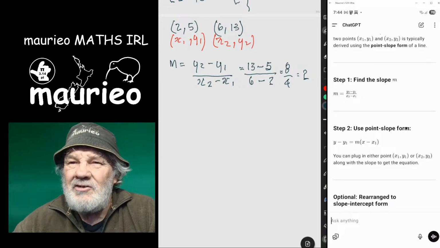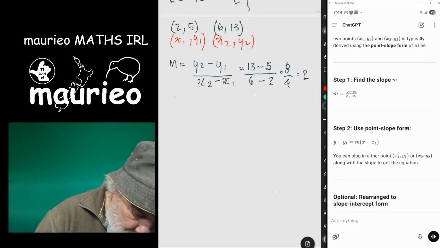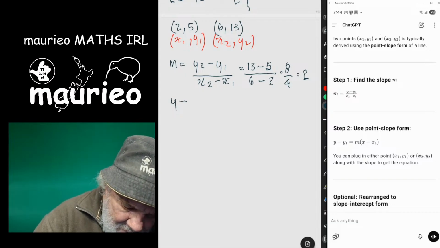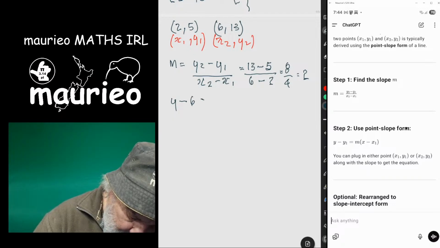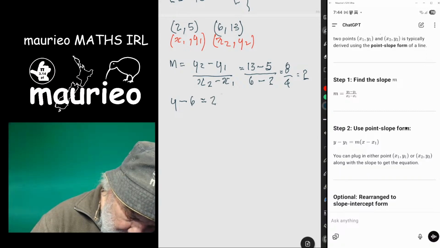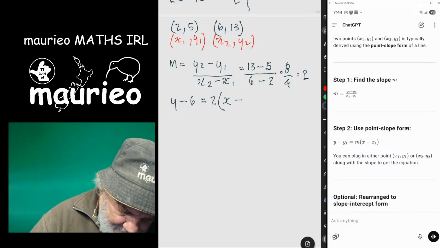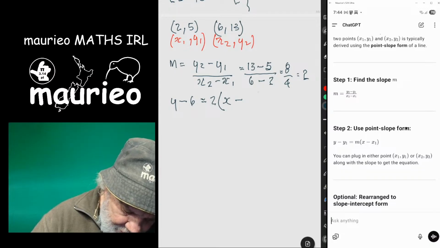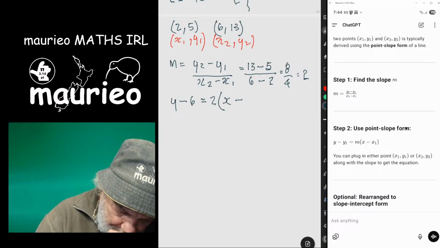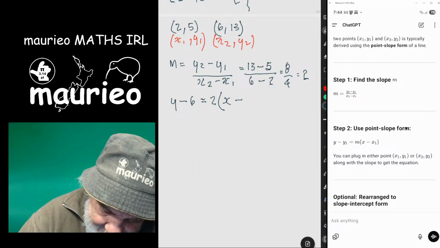Right, now next step is to use the point formula. So you go y minus y1, which is 6, equals m, which we've determined is 2, and then x minus x1, which is, oh, that should be y1, sorry.